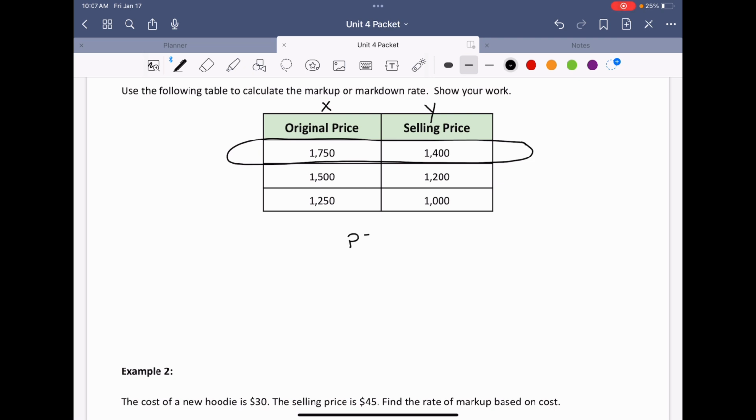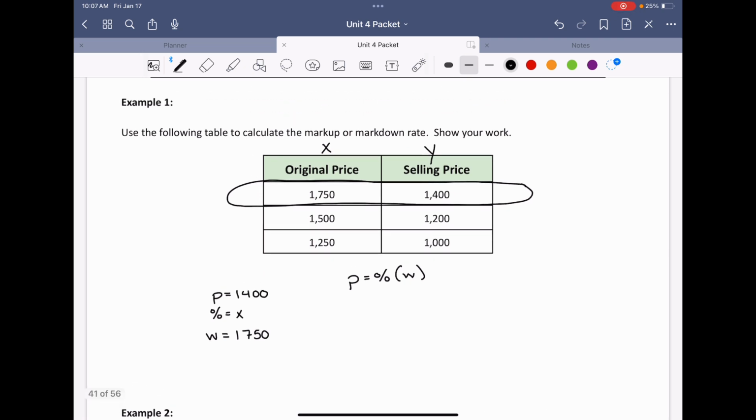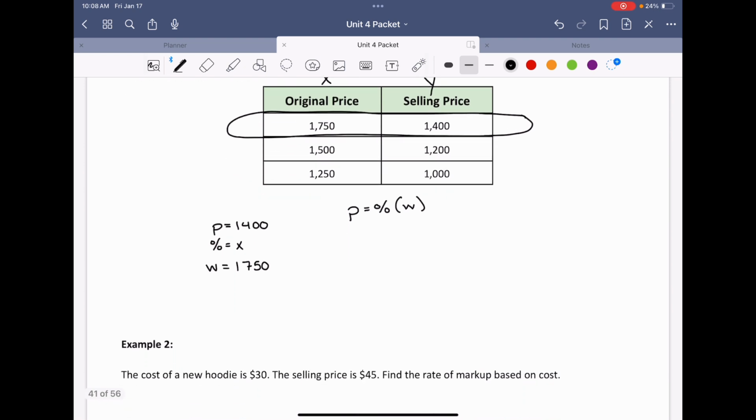So part equals percent times whole. We're finding the percent. And it tells us the original was 1,750 and the selling price is 1,400. So since it has gone down from the original to the new, this is going to end up being a markdown that we're going to look for. We're going to plug in all of our numbers.